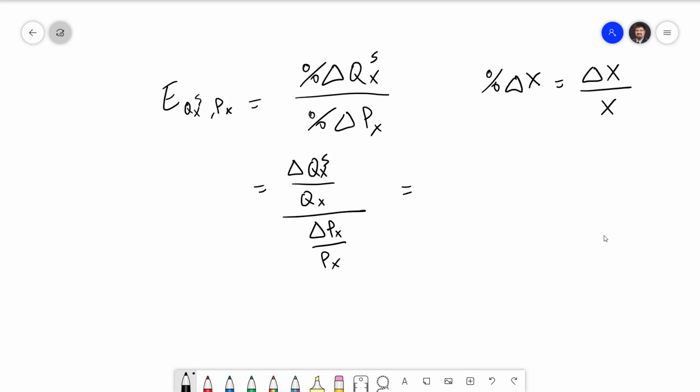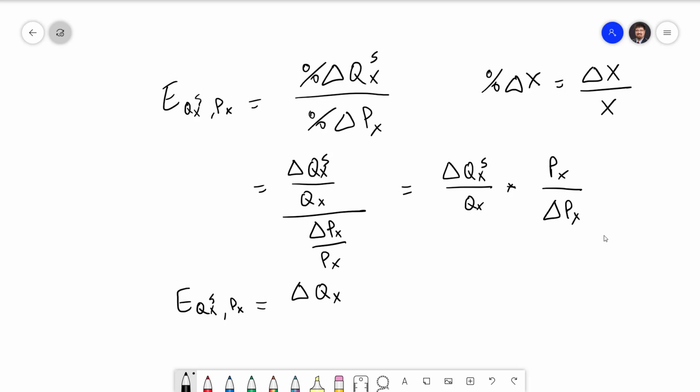We will again use the rules for dividing by fractions and rewrite this as the top fraction times the reciprocal of the bottom fraction, and then use the commutative property of multiplication to just rearrange our equation. I'm going to write the change in the quantity supplied divided by the change in the price times the price divided by the quantity.